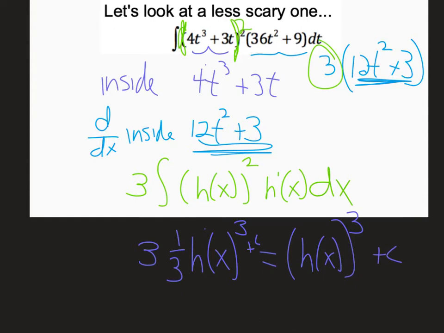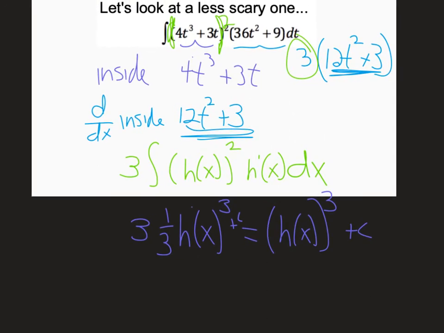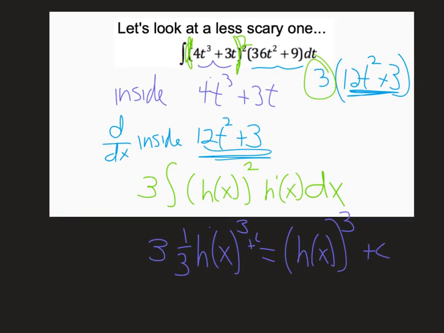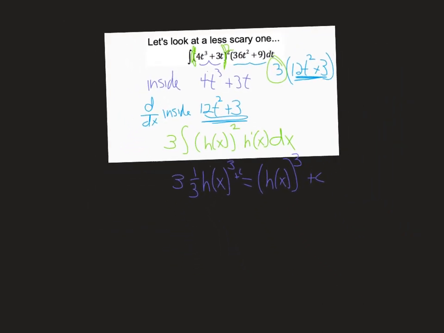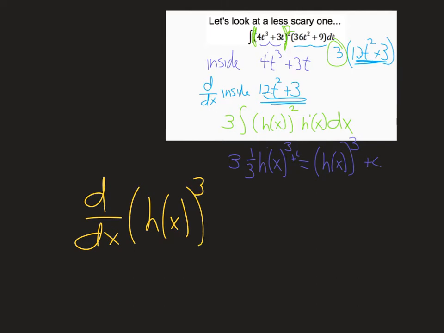So my thinking is the derivative of h cubed is going to be what we started with. I can ignore the plus c.